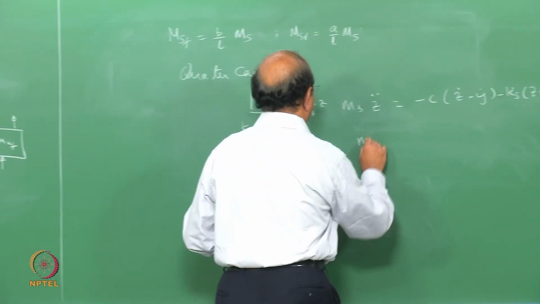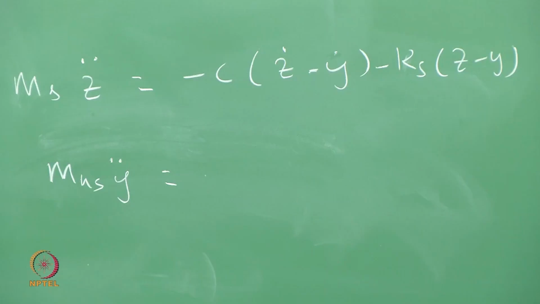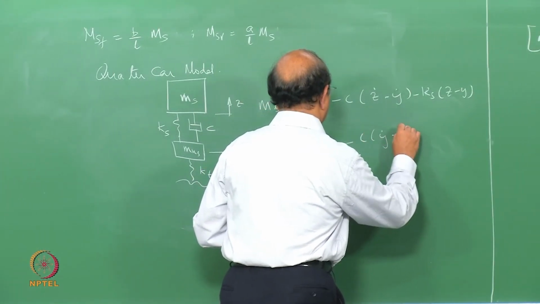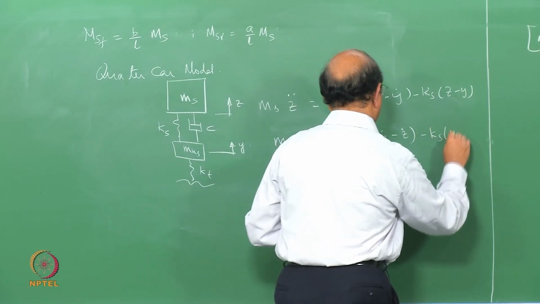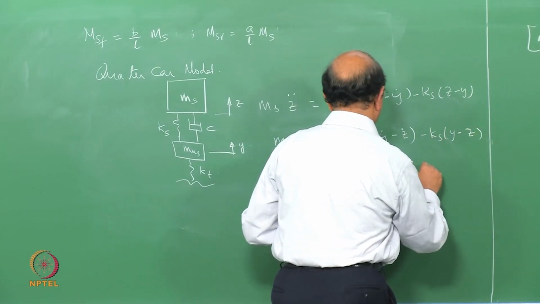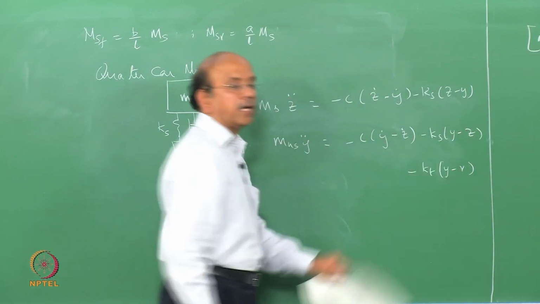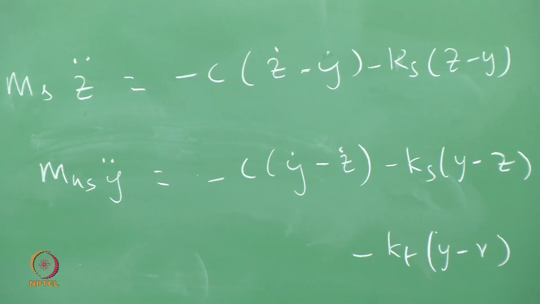And so this is again, note that we are looking at 2 degrees of freedom, z and y. Of course, r is the road input. Note that all of them are functions of time.